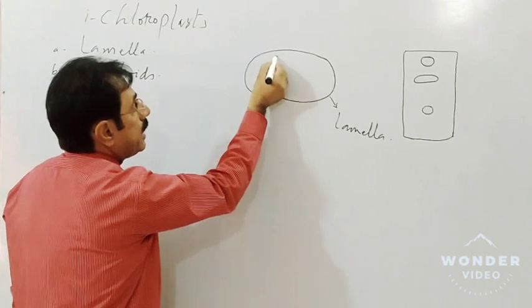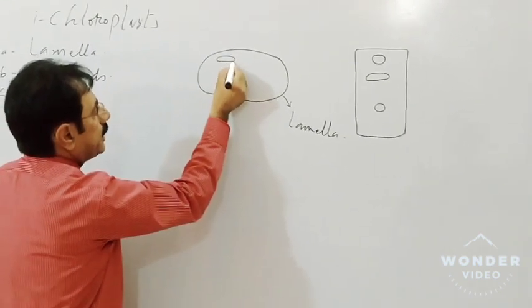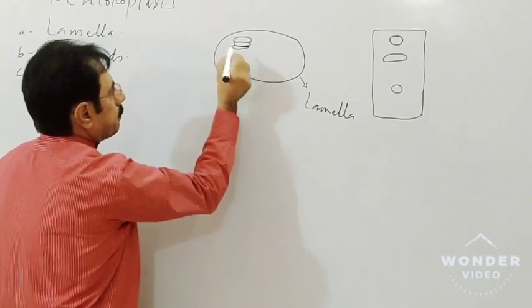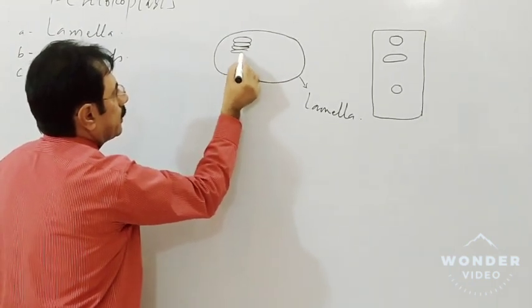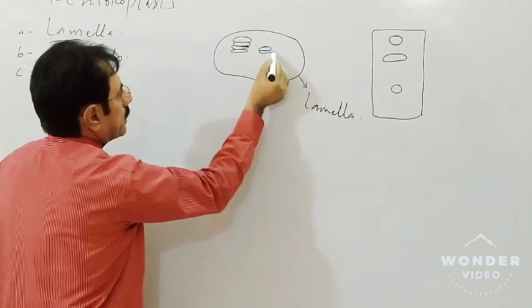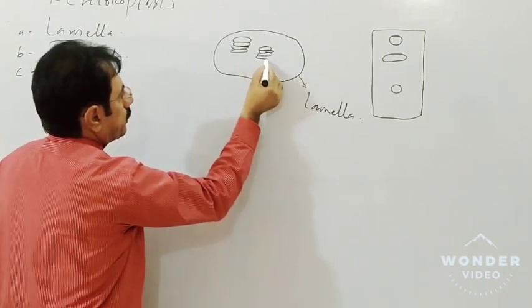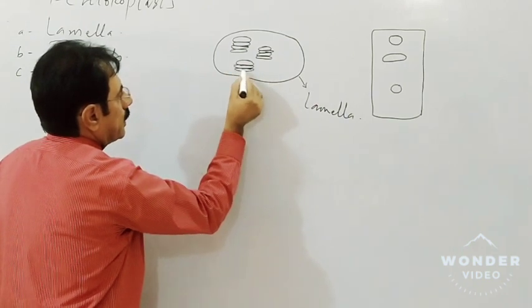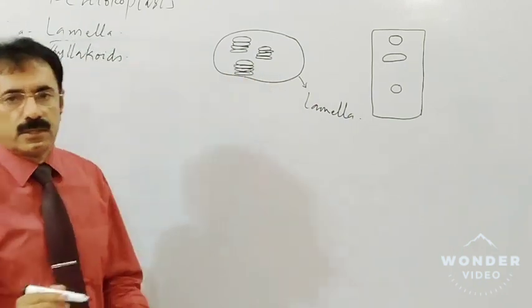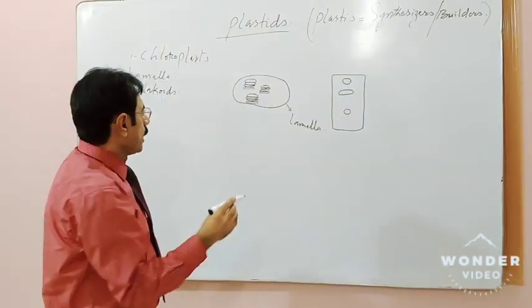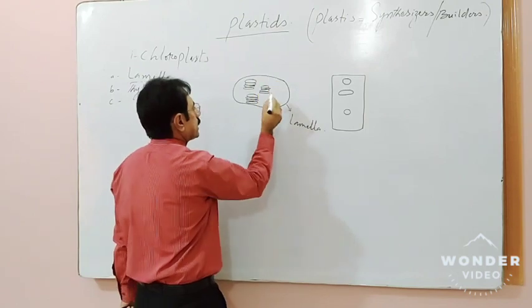A thylakoid is a flattened sac-like structure within the chloroplast. Each sac-like structure is called thylakoid. And the thylakoids are stacked over each other to form granum.